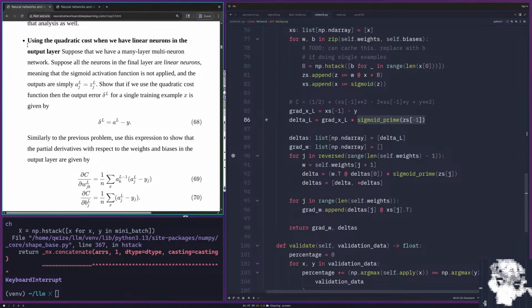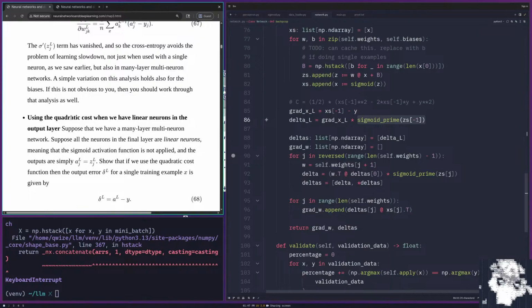Okay, using the quadratic cost when we have linear neurons in the output layer. Oh. Okay.